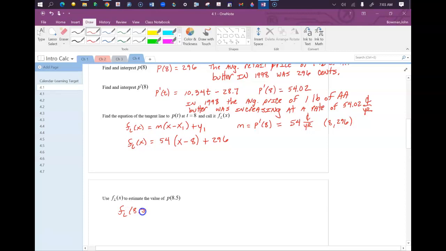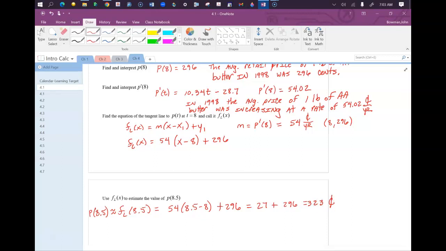P of 8.5 is approximately equal to FL of 8.5, which is exactly equal to 54 times 8.5 minus 8 plus 296, which turns out to be 27 plus 296, which turns out to be 323 cents.